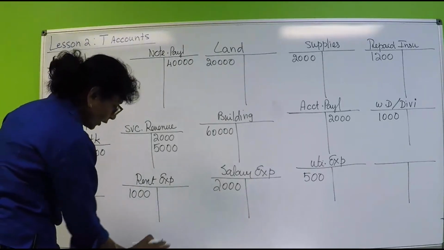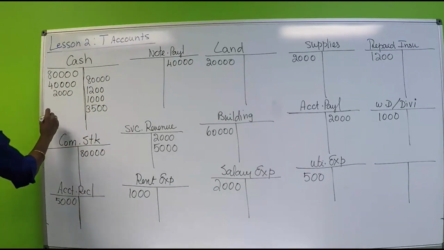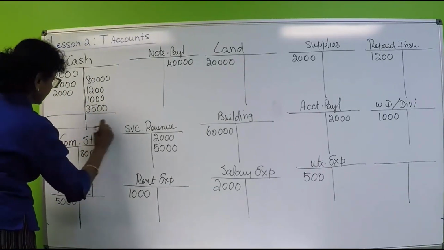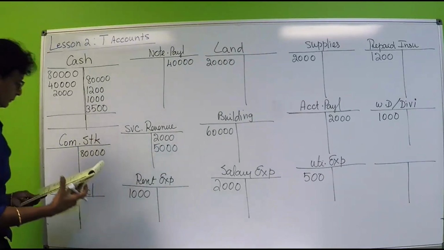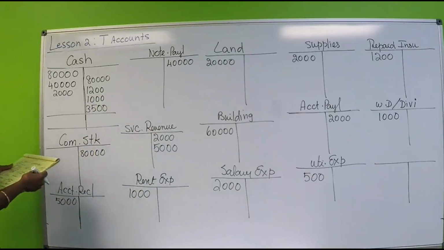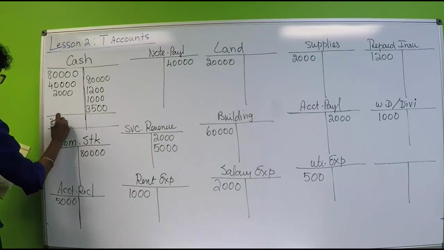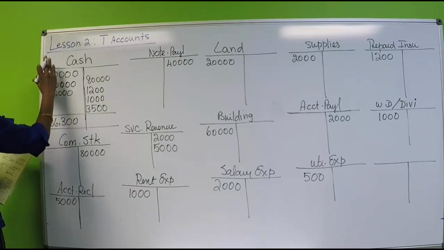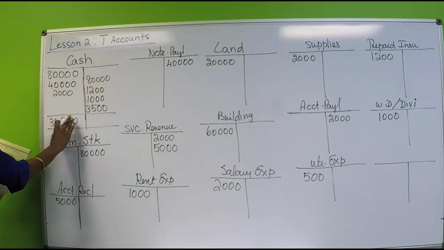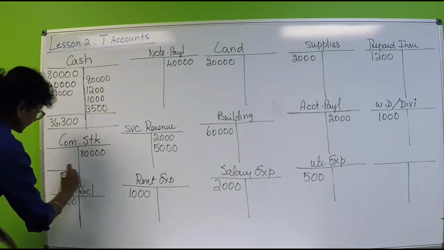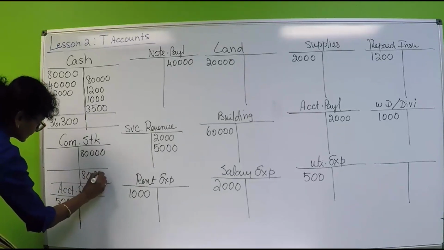Okay, now we have entered all the transactions. Now we calculate every account balance. So for cash, the balance would be $36,300. This is the cash coming in, cash going out. And for common stock, the balance is 80,000.